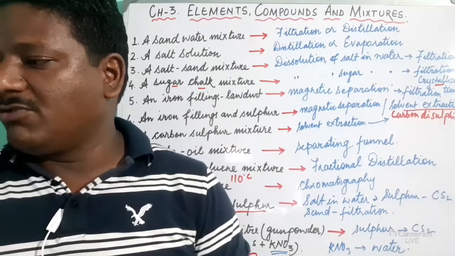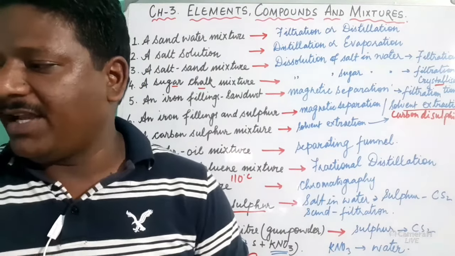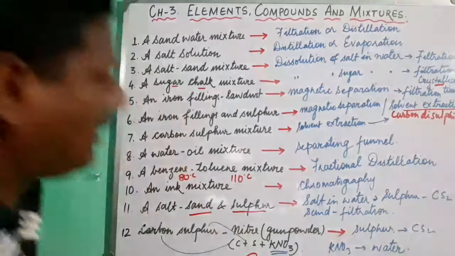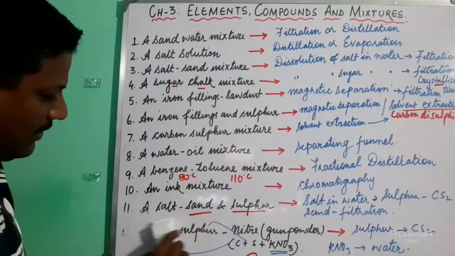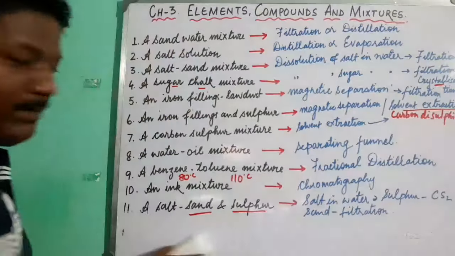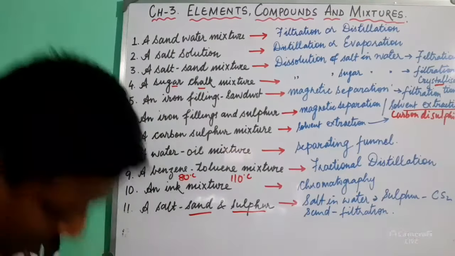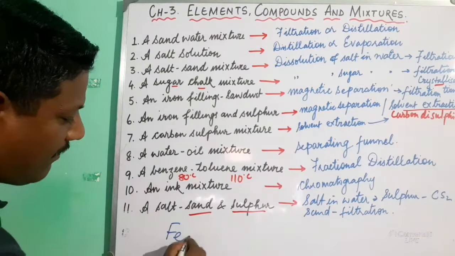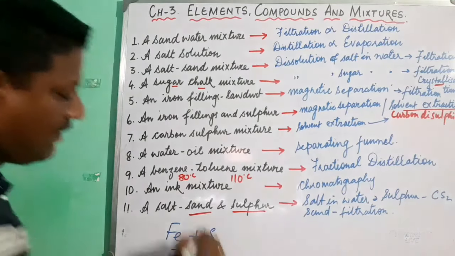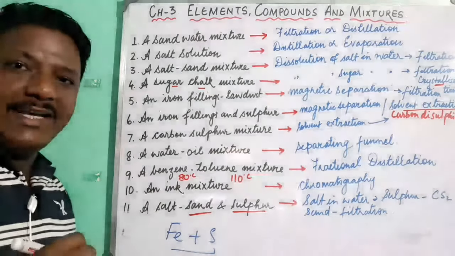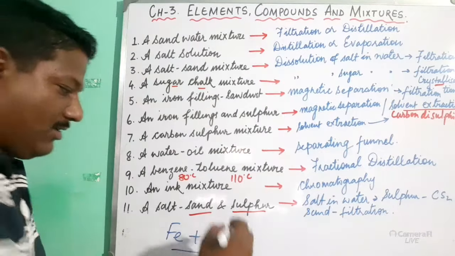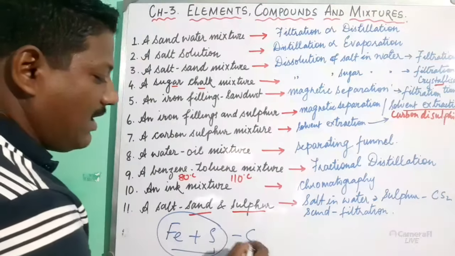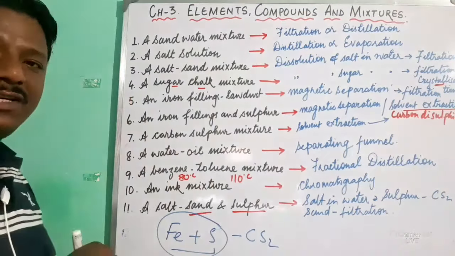Can you dissolve out sulfur from iron sulfide using carbon disulfide? Here I would like to draw your attention to a little bit. The mixture of iron plus sulfur, when they are not combined chemically, is called a mixture. Here you can use carbon disulfide to separate sulfur.